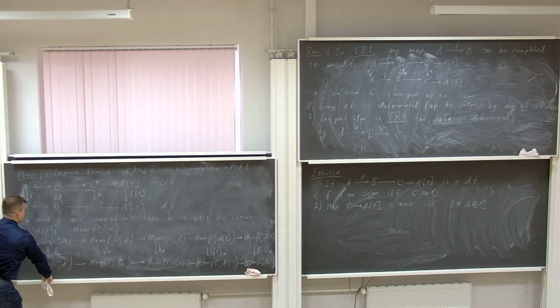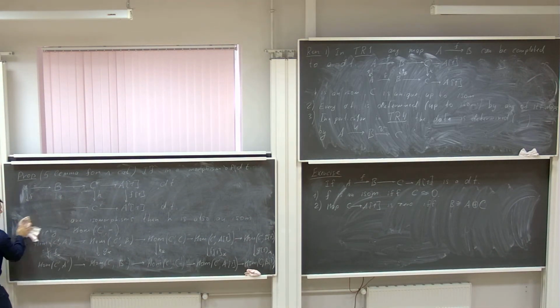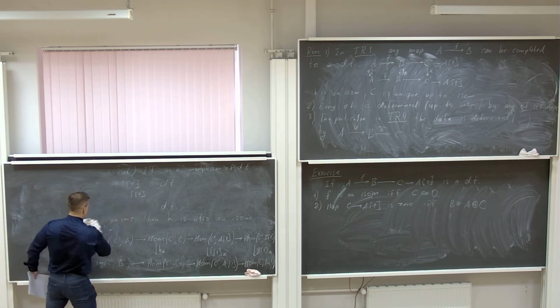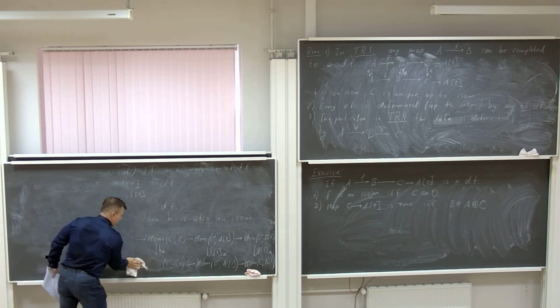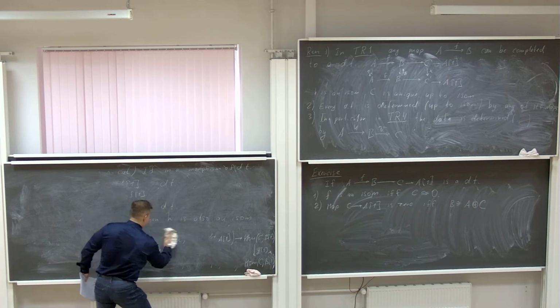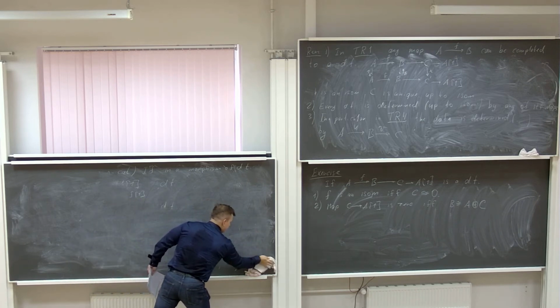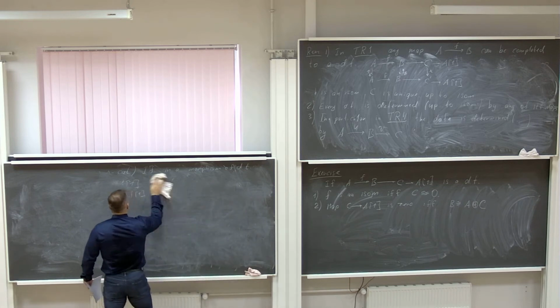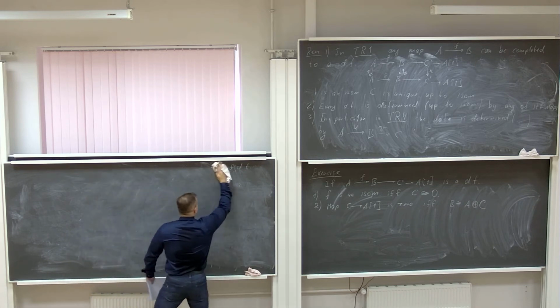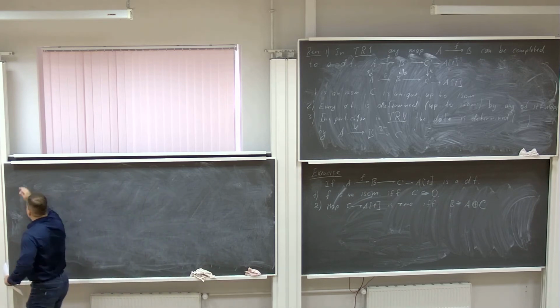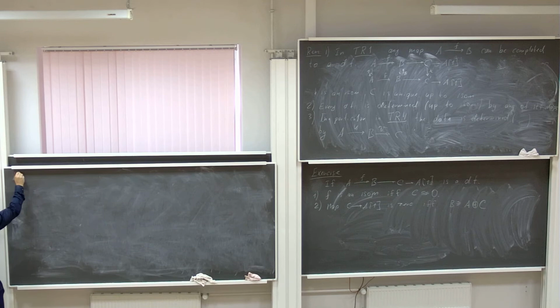And then we're going to discuss what a subcategory and a quotient category are when we discuss triangulated categories. Exact functors.